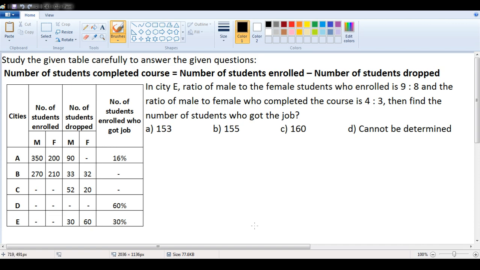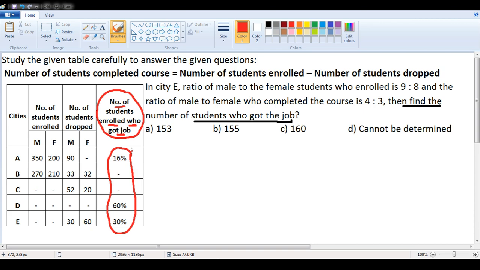First of all, your main question is telling to find the number of students who got the job, and the last column in the table gives the number of students enrolled who got the job. These all values will represent the percentage of people who got the job from enrolled students.